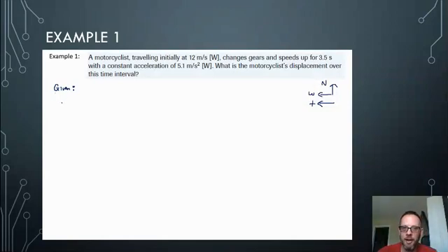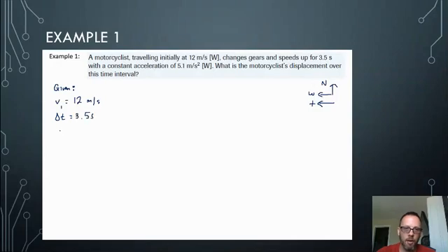But the first thing would be, well, let's write out what we're given, right? We're given initially, we're traveling at 12 meters per second west. So V1, you could write 12 meters per second west, but I've chosen west to be positive. So I can just write 12 meters per second, the positive indicating it's west. It changes gears and speeds up for 3.5 seconds. That's a time. Delta t equals 3.5 seconds.